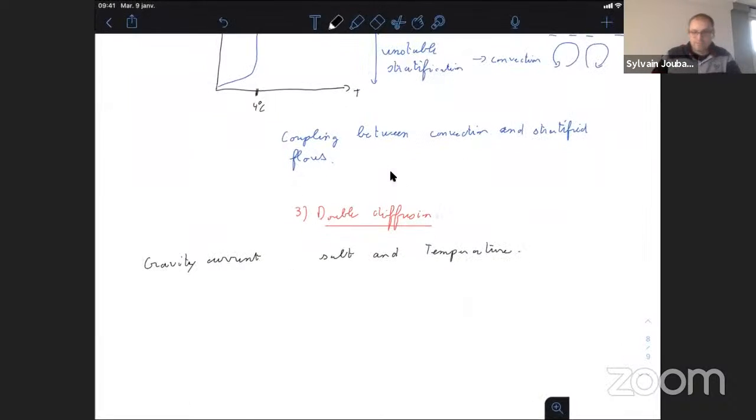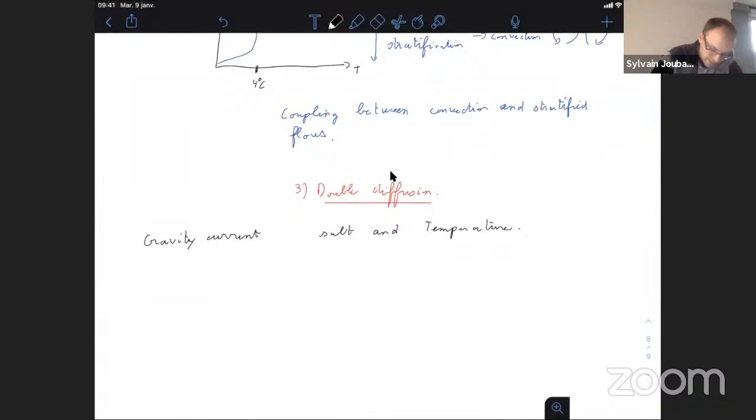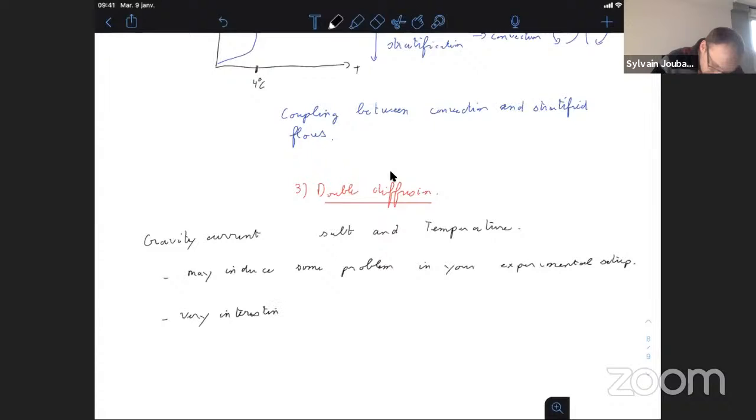That may induce some problems in your experimental study, in your experimental setup. And it can also lead to very interesting features.